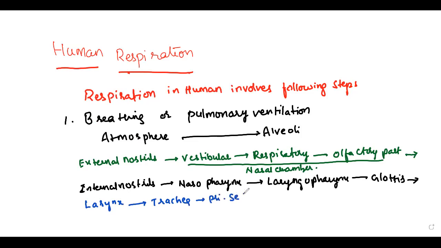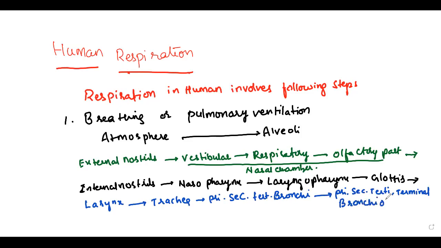Trachea into primary, then secondary, then tertiary bronchi. Tertiary bronchi open into the terminal bronchiole.